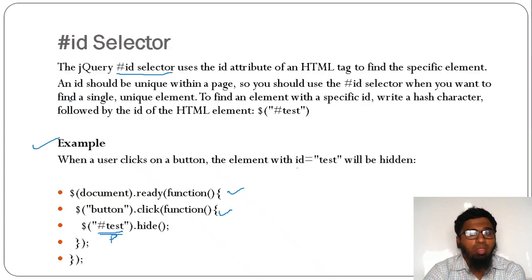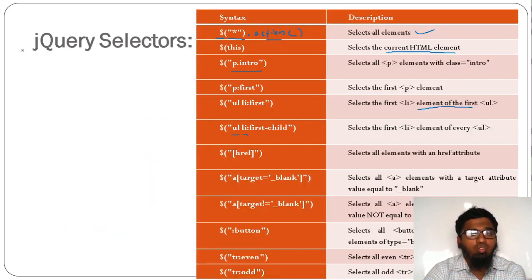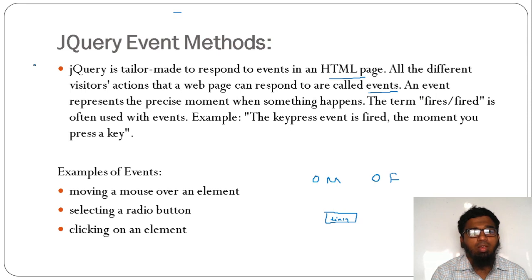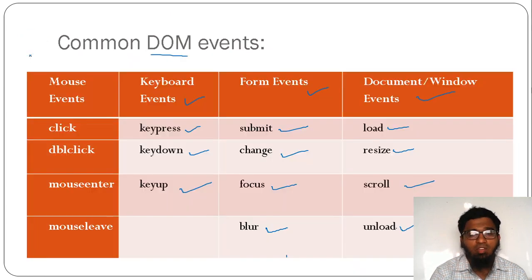Then after that we saw how the jQuery selectors can be performed. The fourth one is jQuery event methods. We have 11 event methods, and we saw examples of all of them.